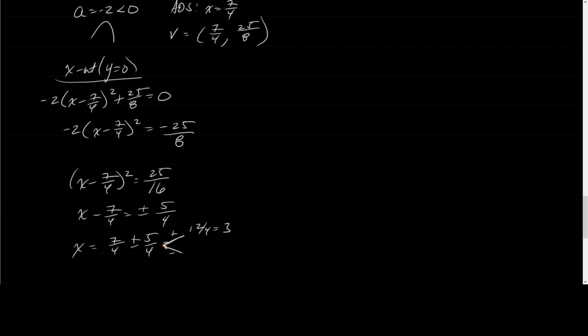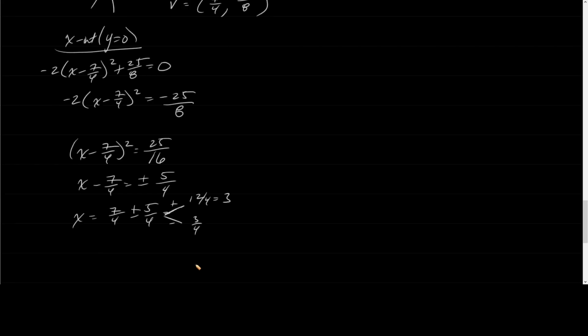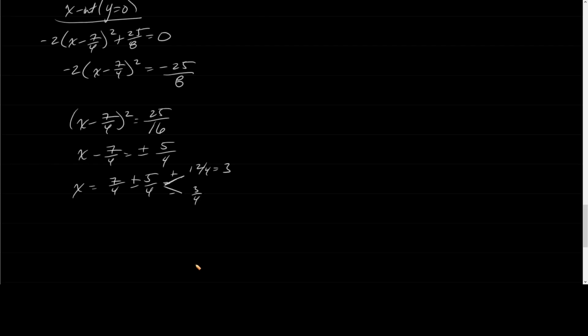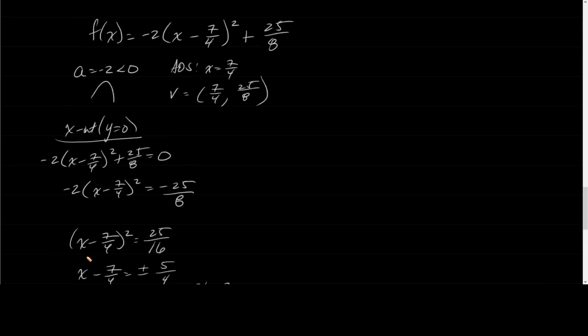And then 7 minus 5 over 4 is equal to 2/4, which is 1/2. That gives us the point (3, 0) and the point (1/2, 0) as our x-intercepts.